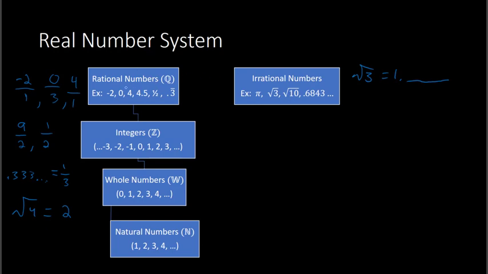Under rational, we have specific types of rational numbers. So under rational, we have integers. Integers would be basically anything you'd see on a number line.